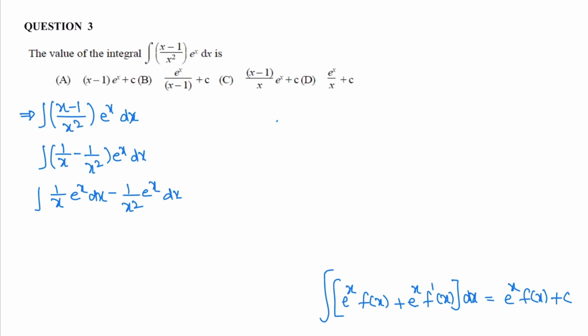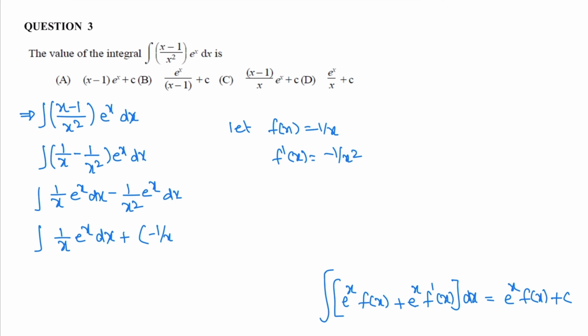Let f of x is equal to 1 by x. Then f dash x, the derivative of f of x, is minus 1 by x square. Now it will be the same as integral of e power x f of x plus f dash x dx.